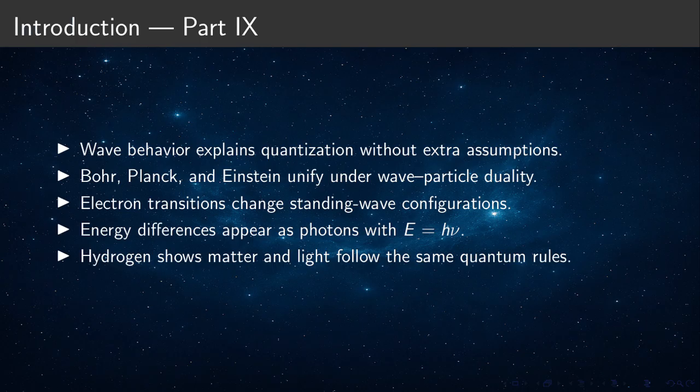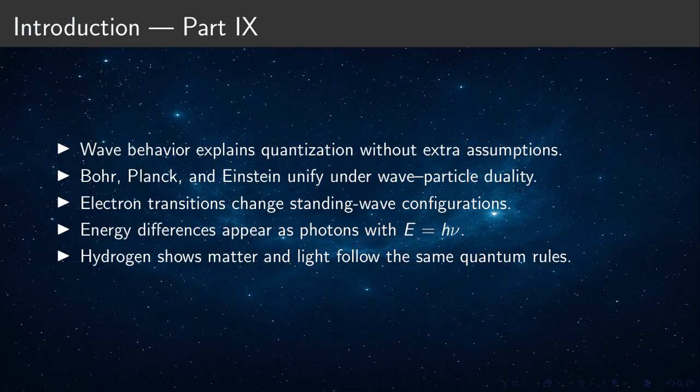When an electron transitions from a higher to a lower energy level, its standing wave configuration changes, and the resulting energy difference is emitted as a photon, governed by E equals h nu. In this formulation, light arises from the reconfiguration of stable matter wave states.